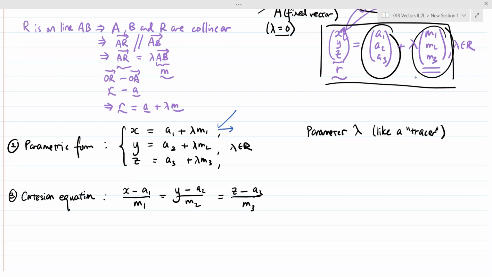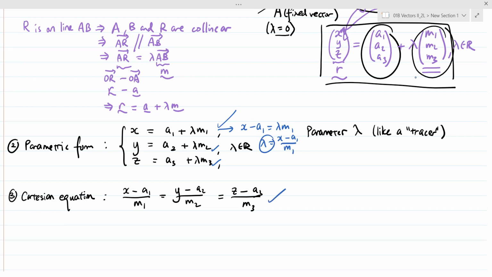So in this case, for example, x minus a1 equals lambda m1, so lambda equals x minus a1 over m1. You do the same for each of the other two, and then you eliminate lambda. So you equate each of them to each other, and this is what you get.